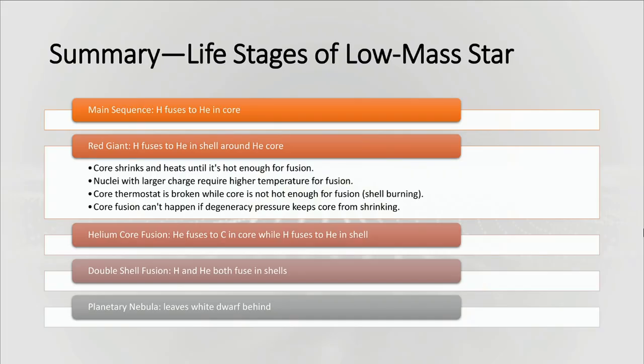Then you become a red giant when you have hydrogen around a helium core. The helium core will start to do fusion. Then that helium will be displaced by the carbon, and you can get double shell fusion, which is unstable, and the low mass star blows itself apart, leaving behind a planetary nebula and a white dwarf.